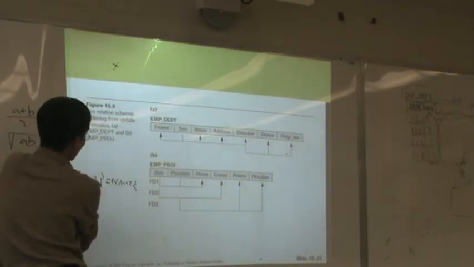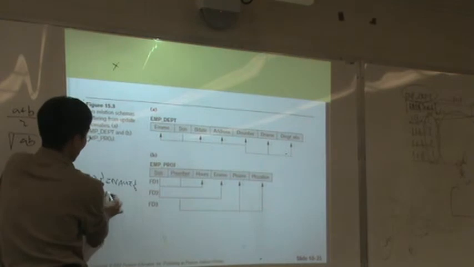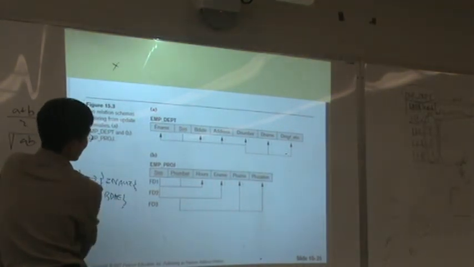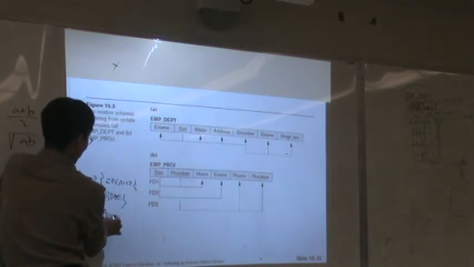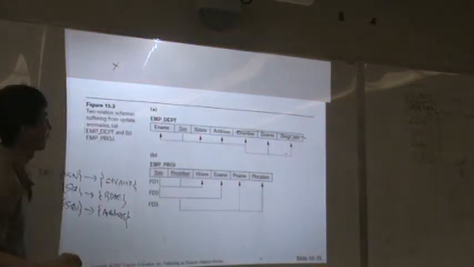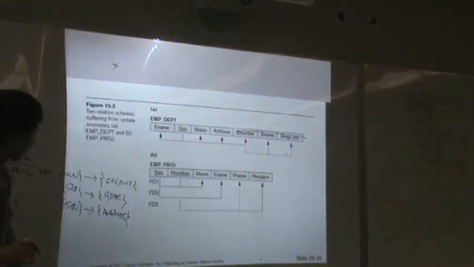Social security number determines e-date. And social security number determines address. Why don't you consider only this part first? Is that all the functional dependencies that you can find?